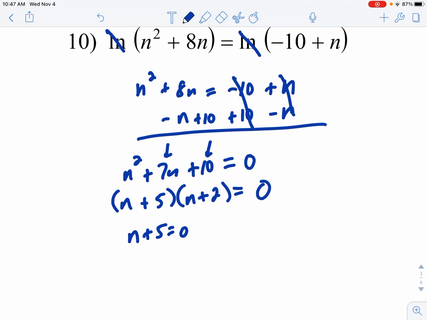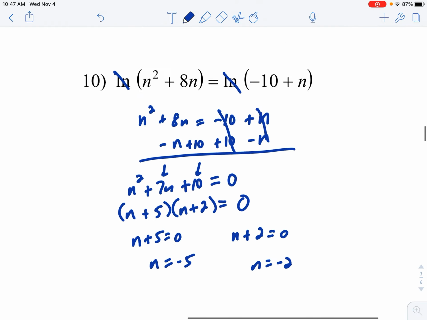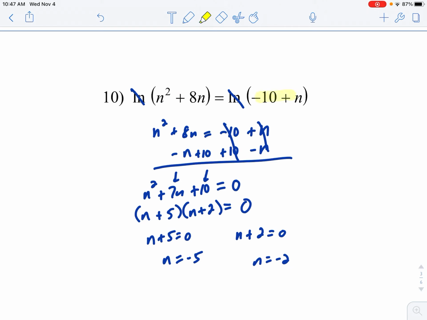Set each one equal to 0. And when you solve them, you should get negative 5, negative 2. Now, something catches my eye. Right here, negative 10 plus n. If I go to try to check these answers, I plug in a negative 5 here. Negative 10 plus negative 5 is negative 15. You cannot take the logarithm of a negative number.